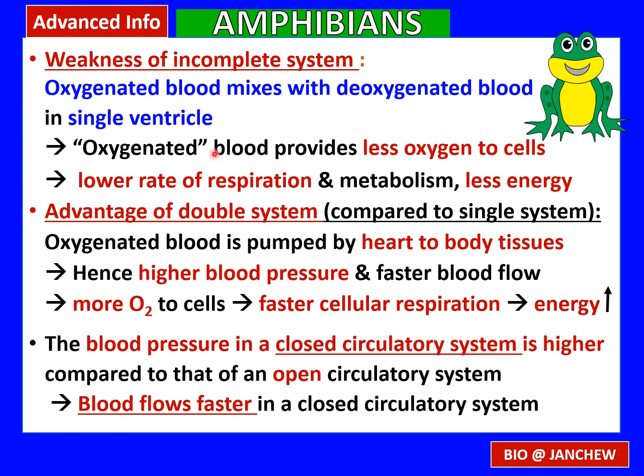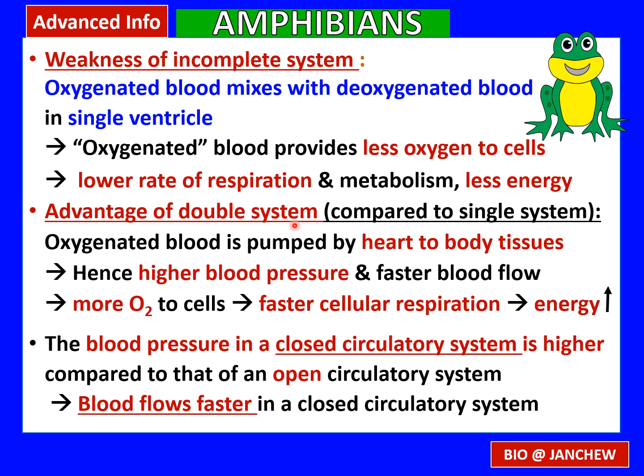Thus, oxygenated blood that flows to the body tissues provides less oxygen to the cells as it is mixed with the deoxygenated blood. Thus, this will cause the rate of respiration and metabolism to be lower, and less energy is produced for the activities of the organism.